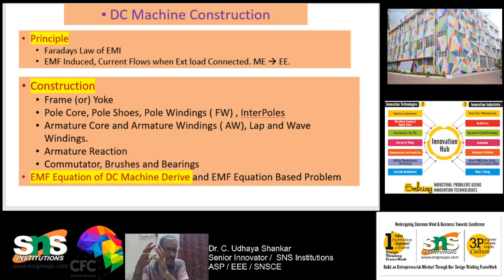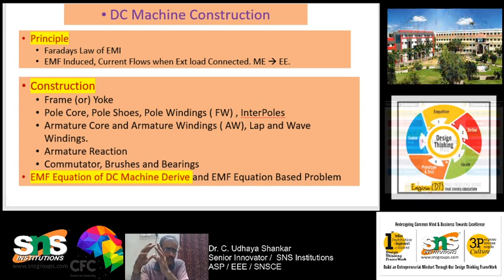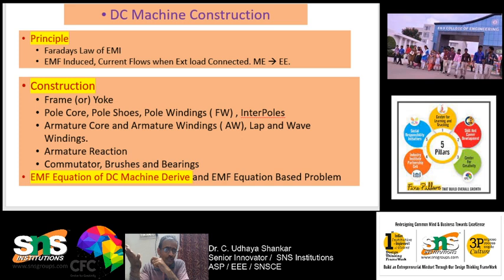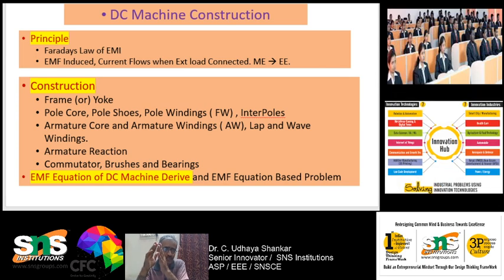If the same DC machine is given electric current, it will start rotating. So the electrical energy is converted into rotating torque, which can be used in pumps and various other applications. This is the basic difference between a DC generator and a DC motor.